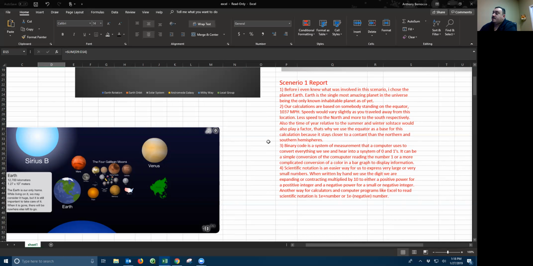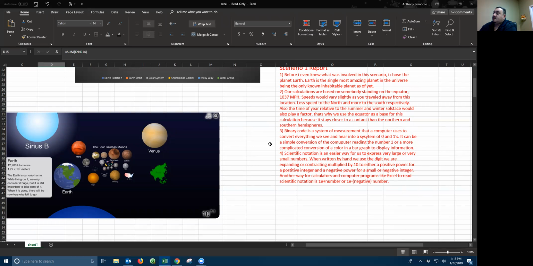A system of measurement that can be used would be binary code. It's something that we can use to measure multiple things. The computer uses it to measure.